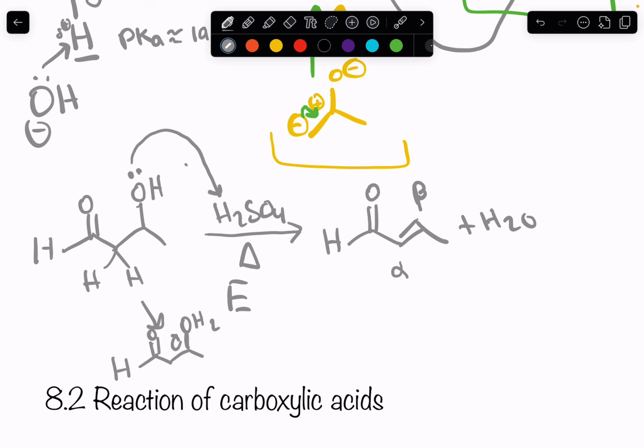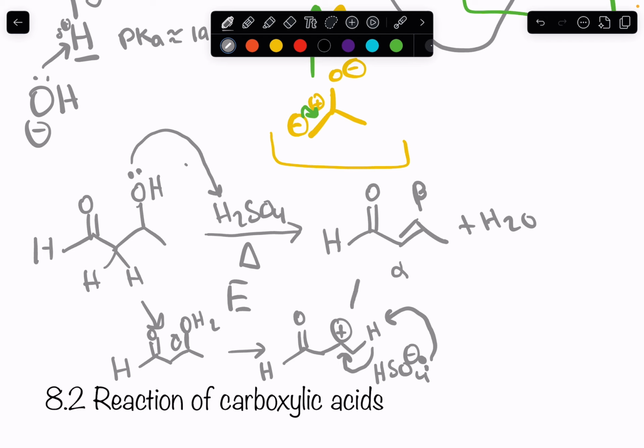Your leaving group leaves. Now you have HSO4 minus, and that is really basic, right? So we're going to take these here, dump those there, and then we get that. And this is, I think, what we're going to call full aldol condensation.